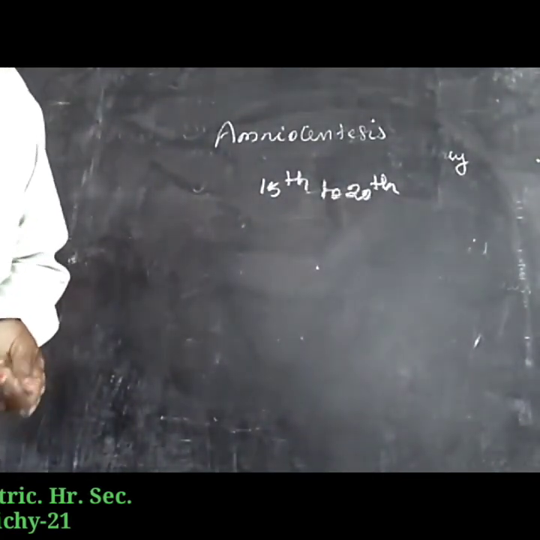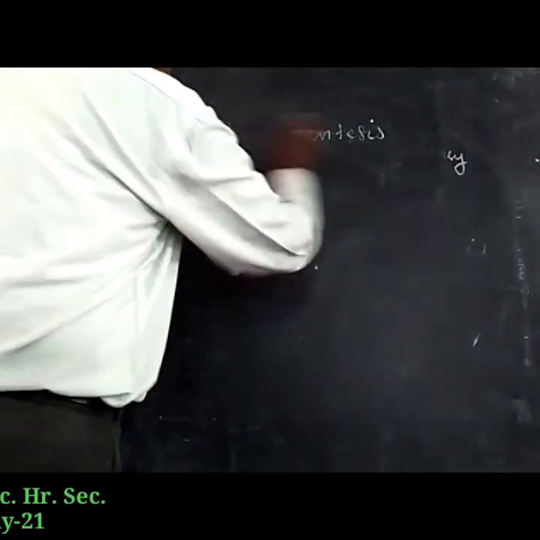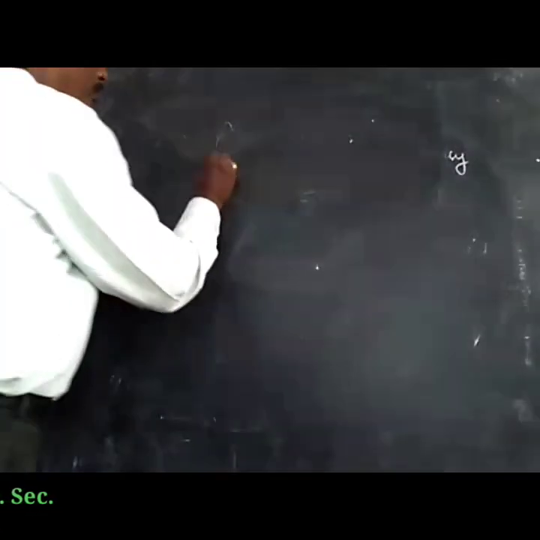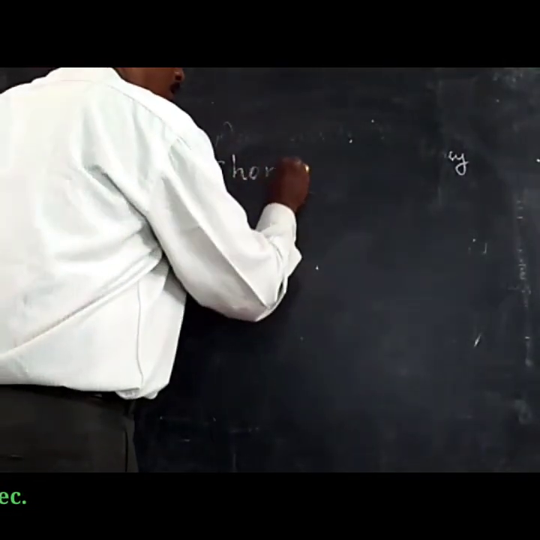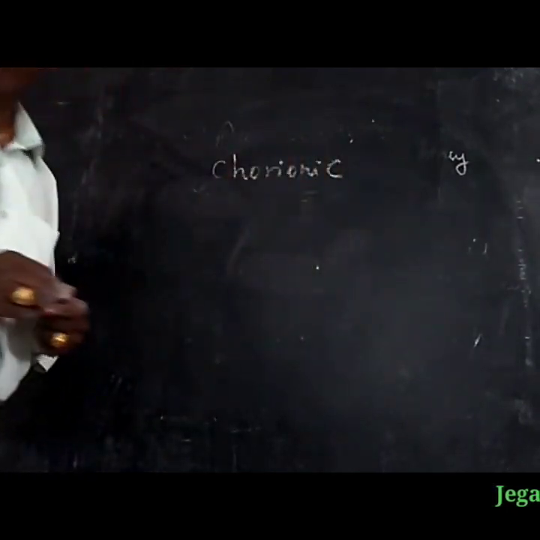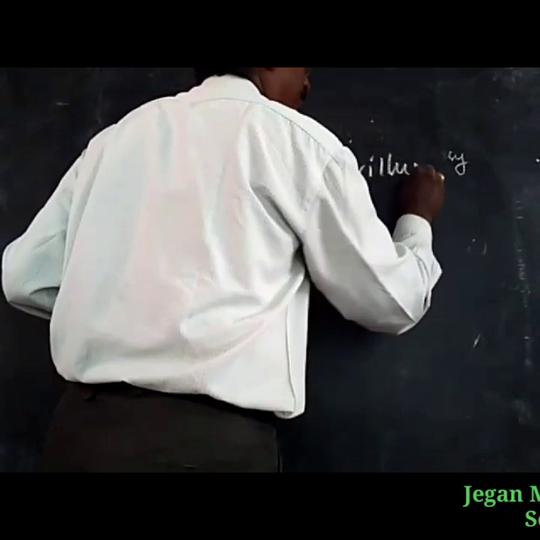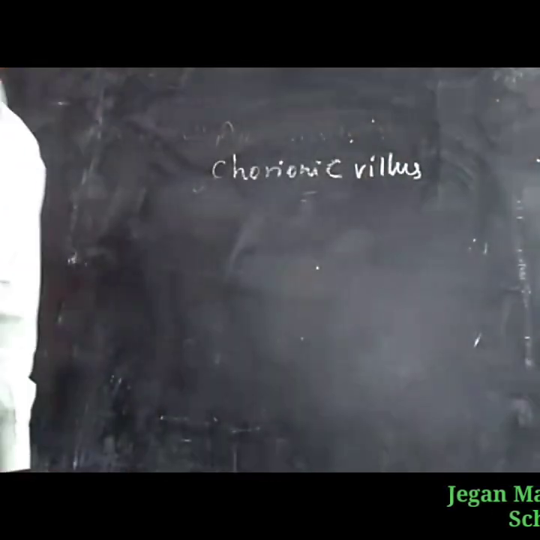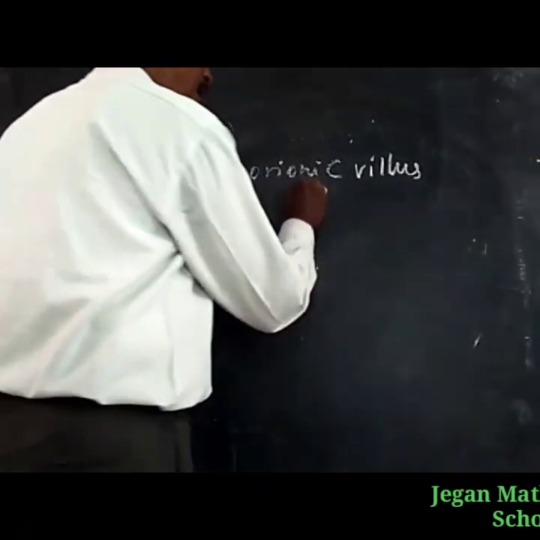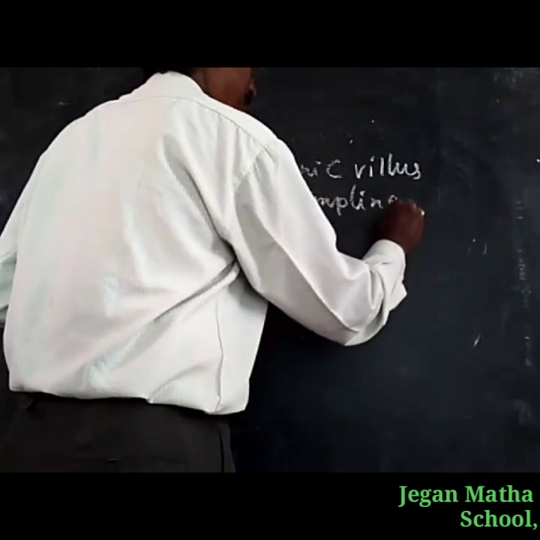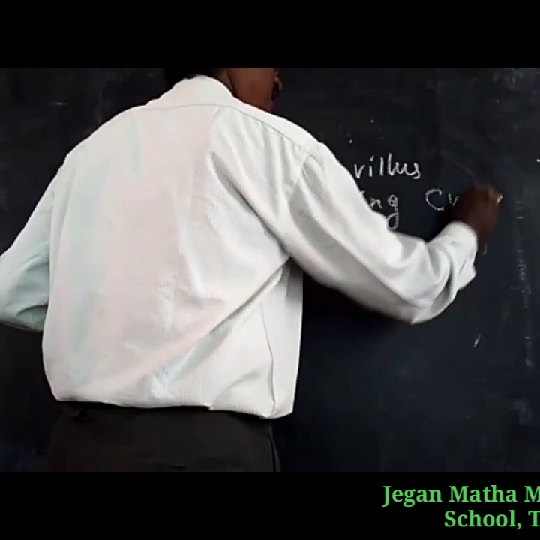The third one is called chorionic villus sampling, CVS.